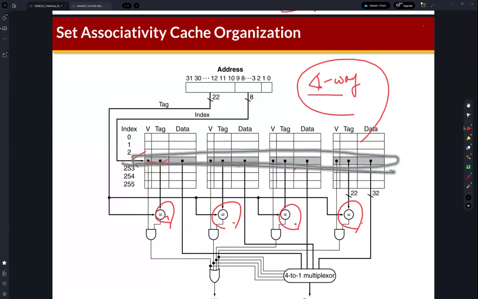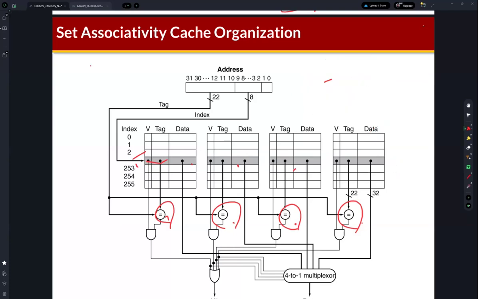So this is a 4-way set associative cache, and this is the address field. And what is this? This is the block offset, right?